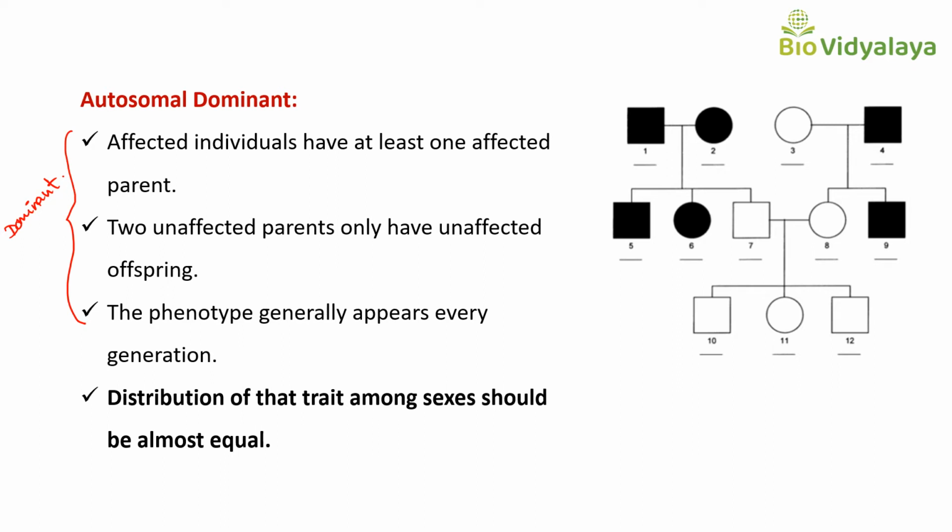First condition, affected individuals have at least one affected parent. Here you can see that this is an affected individual, and here one parent is affected. Here these are affected individuals, and both the parents are affected. So affected individuals have at least one affected parent.